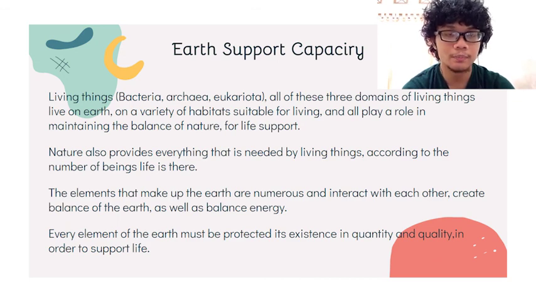When nature provides everything needed by living things, the elements that make up the Earth are numerous and interact with each other, creating a balance of the Earth as well as a balance of energy. That is why all the elements that make up the Earth need to be protected in order to support our life.